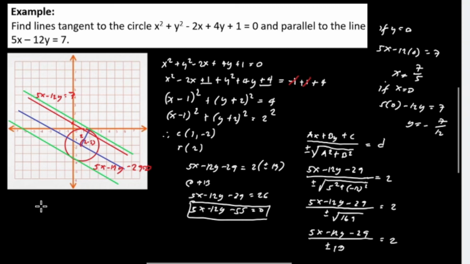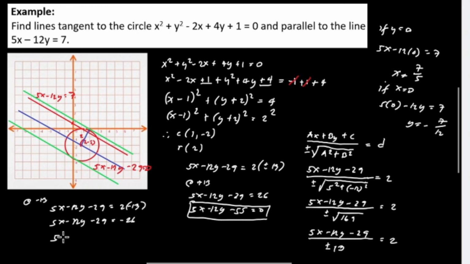And the second tangent line at negative 13: 5x minus 12y minus 29 equals 2 times negative 13, or negative 26.